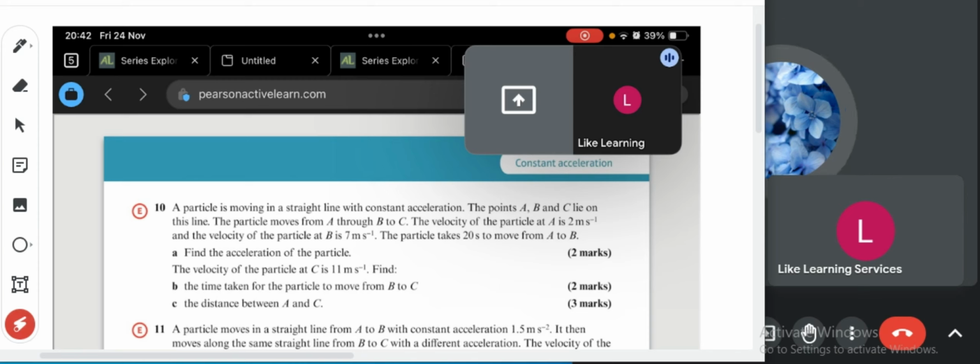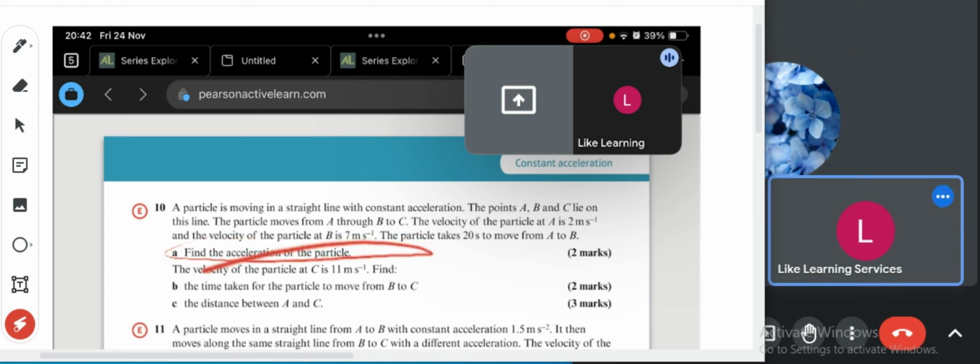The particle takes 20 seconds to move from A to B. Find the acceleration. 7 minus 2 over 20. The velocity of the particle at C is 11 meters per second. Find the time taken for the particle to move from B to C. It equals, we don't know this one.